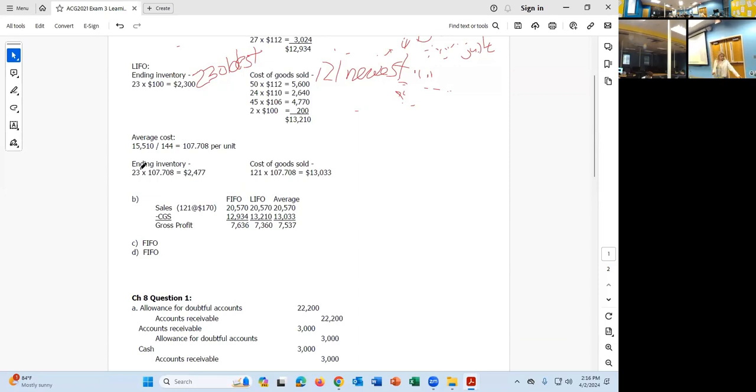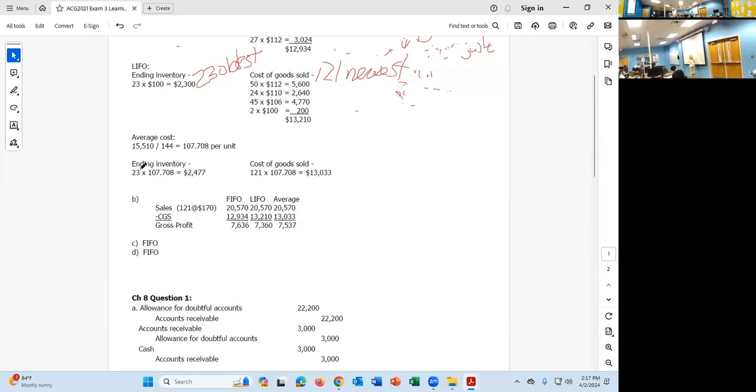One other thing this problem asked us: it asked us to calculate the gross profit under each method. Remember that your gross profit is your sales minus your cost of goods sold. And sales does not change, no matter which method we're using, because it told us in the given information we sold 121 items for $170 apiece.